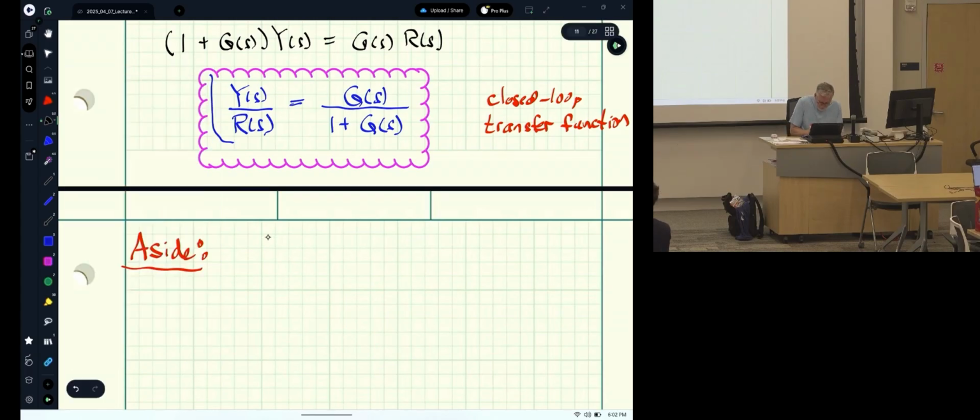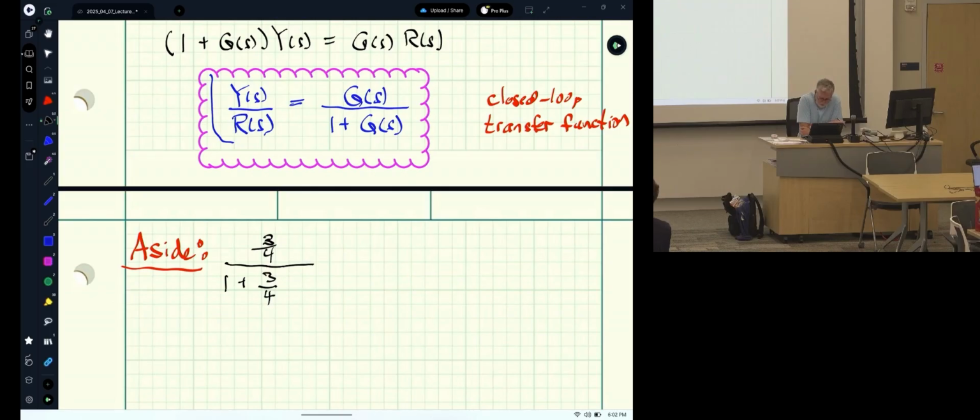So if I gave you something like 3/4 over 1 plus 3/4. That's a rational number over 1 plus a rational number. Are you frightened by that calculation? Probably not, right?